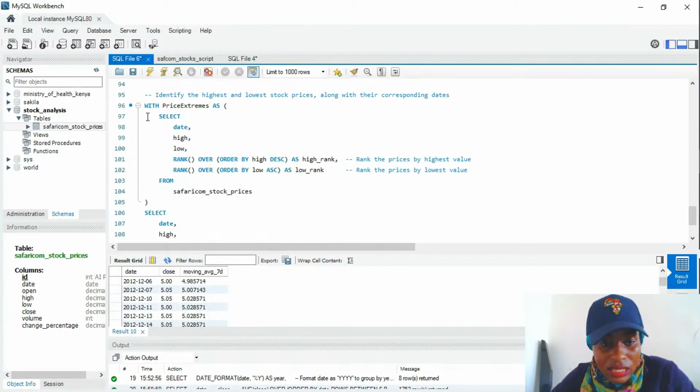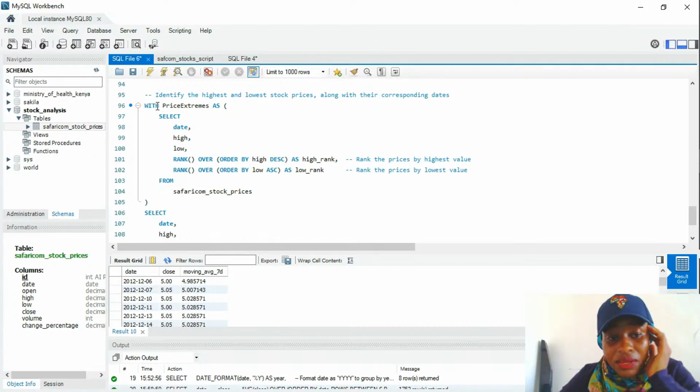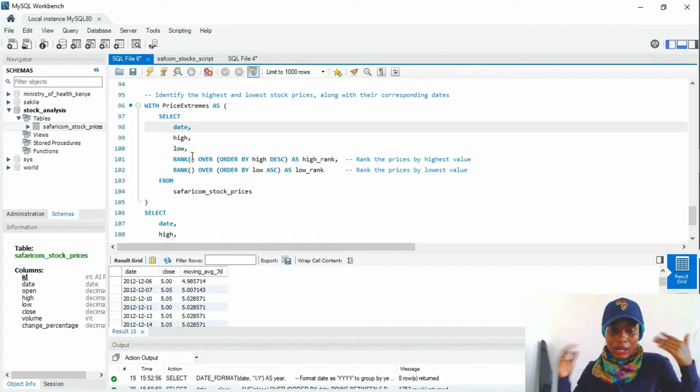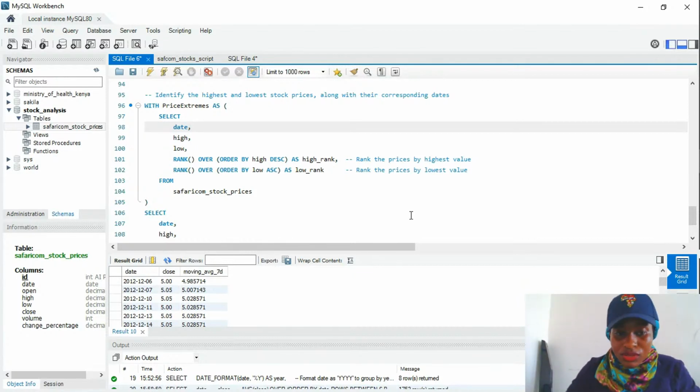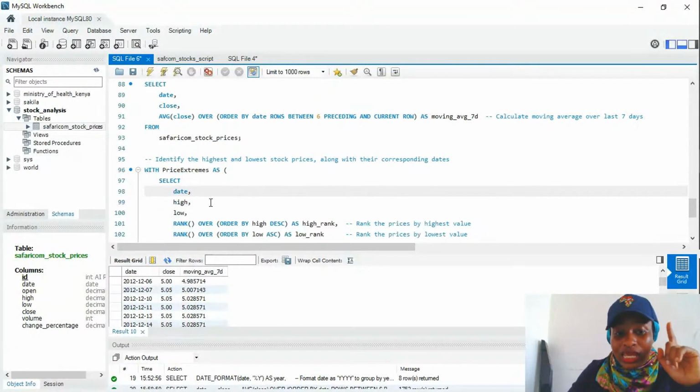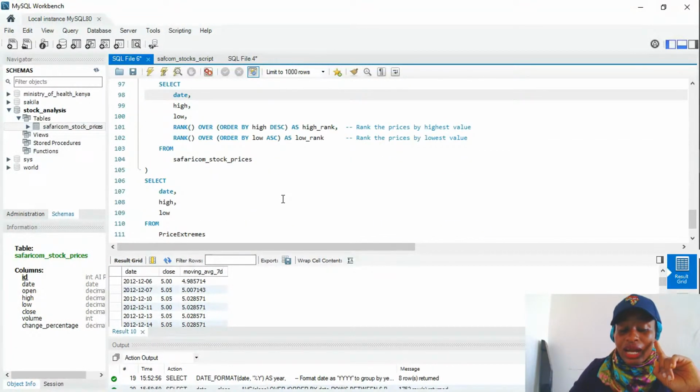This is what we call a CTE, common table expression. So here we are using WITH and then price extremes. What we're doing here is creating a temporary variable or column that we are going to use in another query, because we don't have these price extremes in our columns.